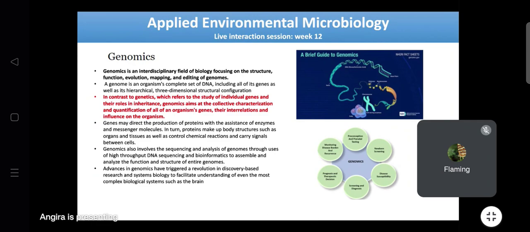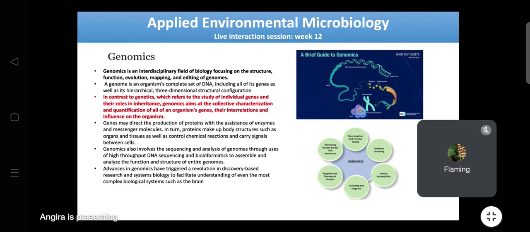And in genetics, we actually study the individual genes and their roles in inheritance, whereas for genomics, we actually look at the collective characterization and quantification of all the organism's genes and their interrelations and influence on the organism. Like what kind of particular gene will result in what type of influence of the phenotype on the organism.